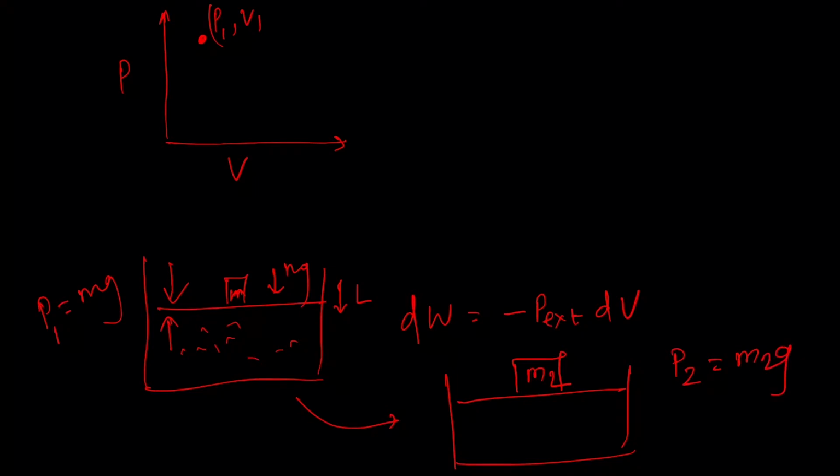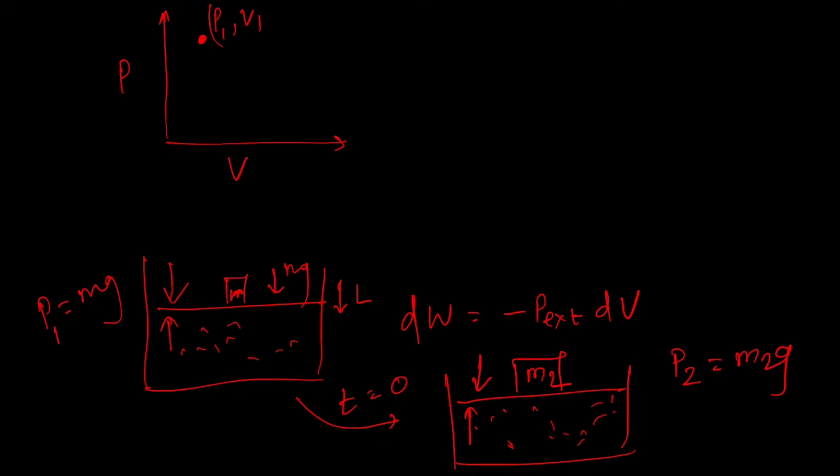What is going to happen? Let us say at t equal to 0 we just replace m by m2, suddenly there is an imbalance between the internal pressure and external pressure. Internal pressure is still mg, but external pressure is now m2g. So, what will happen now?